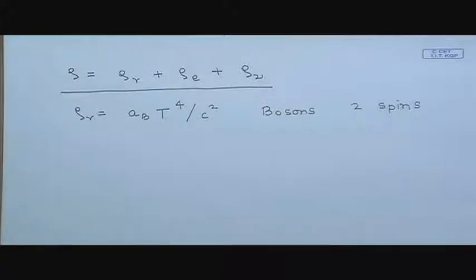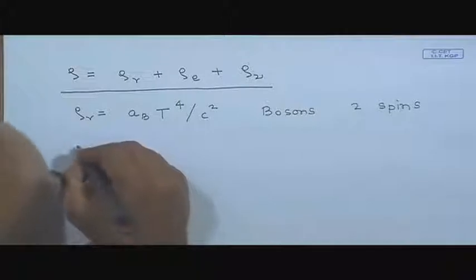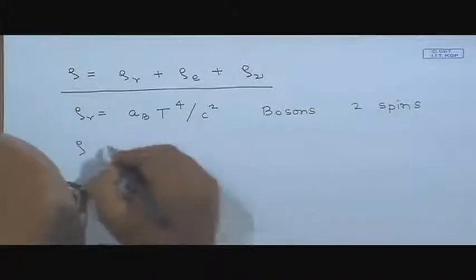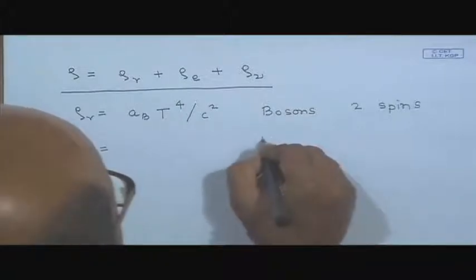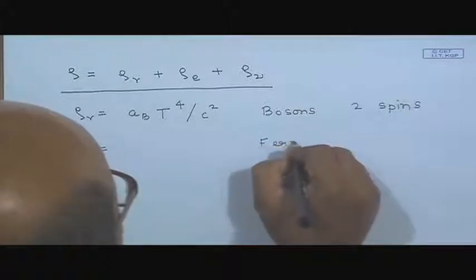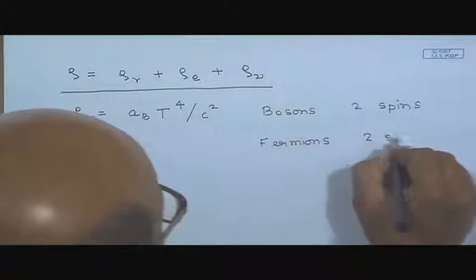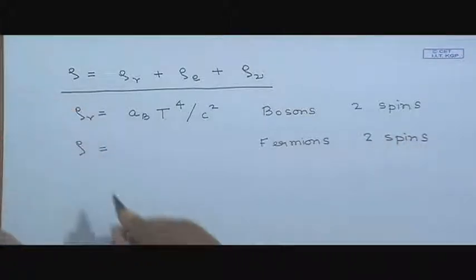Similarly, let me remind you that if you have fermions with two spins, then the energy density is slightly different.